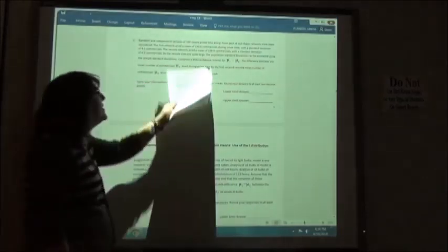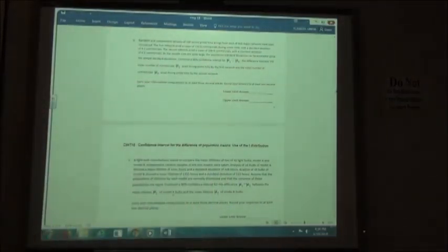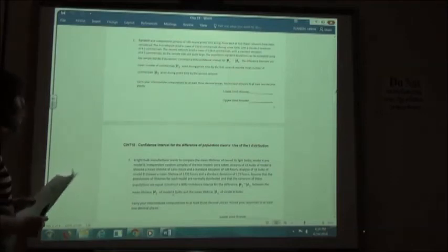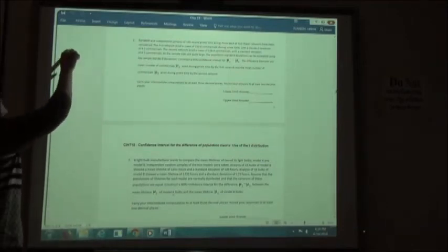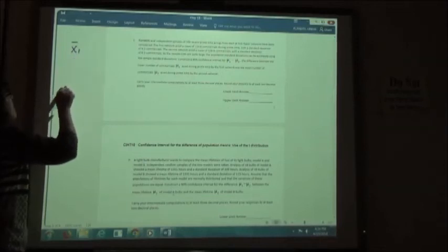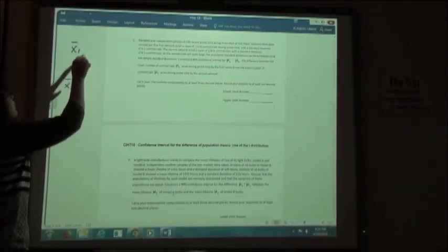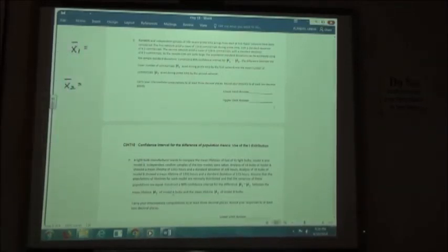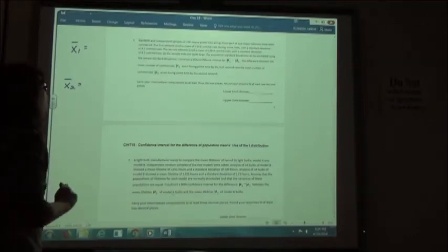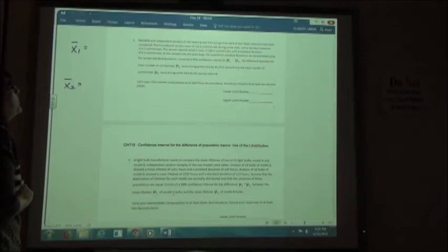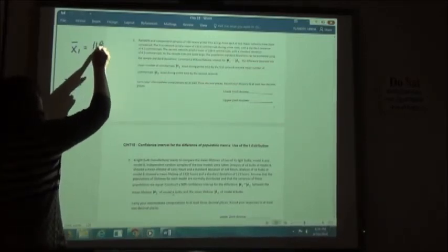This time they were nice because instead of giving us the big long list, they just told us the numbers to use. So, in our formula, we are going to take the mean from sample 1 minus the mean from sample 2. What is the mean from sample 1? 110.6.